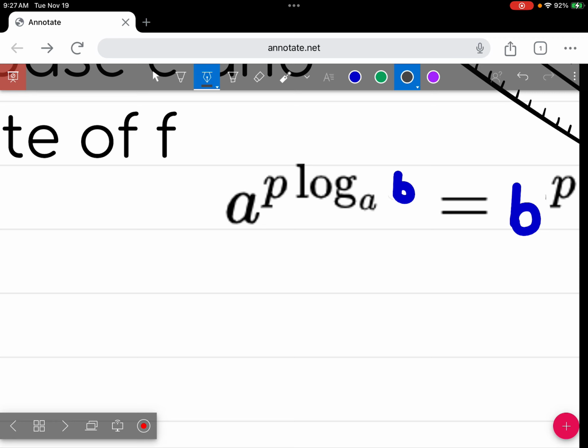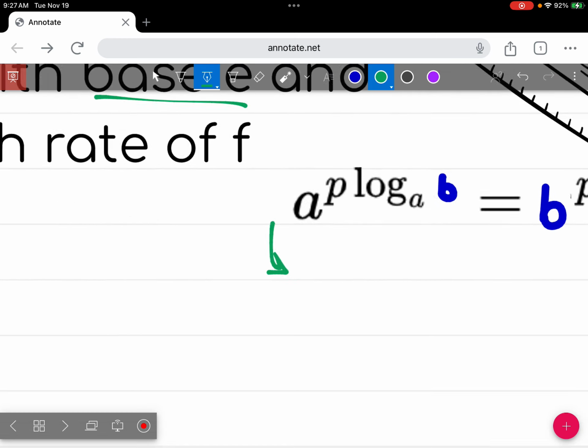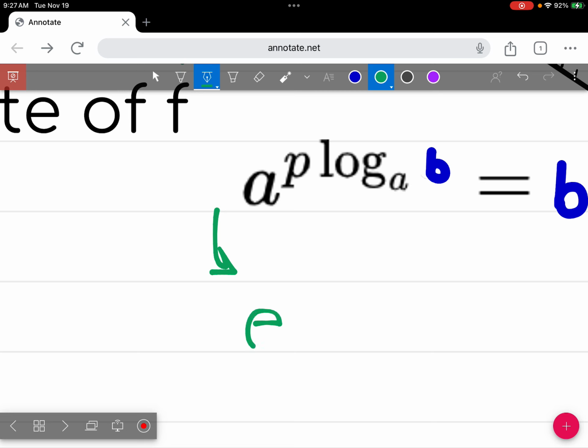We're also specifically told to make this be e. So I'm going to rewrite this with our new letter as an e thing. So this is e to the power of whatever our p is, log base e, so that's my ln, of whatever the base of my exponential piece is.